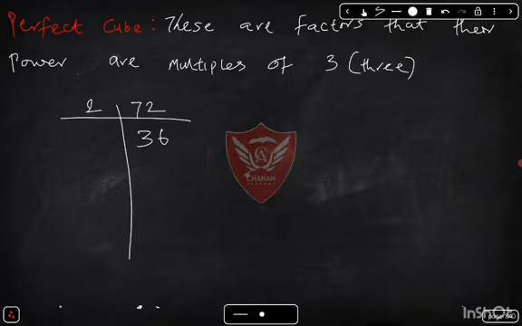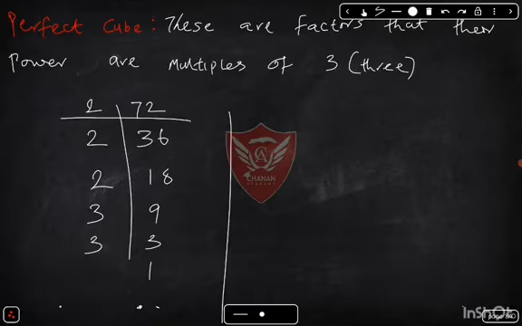And if 2 divides 36, the answer is 18. 2 can still divide 18. If 2 divides 18, the answer is 9. 2 can no longer divide 9, so 3. If 3 divides 9, the answer is 3. And if 3 divides 3, the answer is 1.